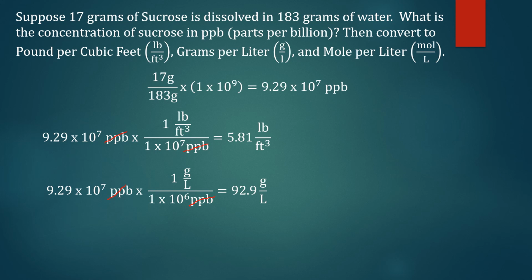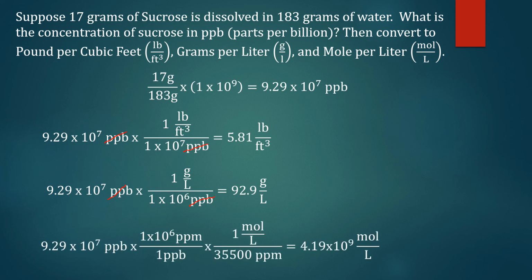And for the last, the mole per liter, since there is no direct conversion factor for this, we will be converting the parts per billion into parts per million first, before converting it into a mole per liter. So 9.29 times 10 raised to 7 parts per billion.